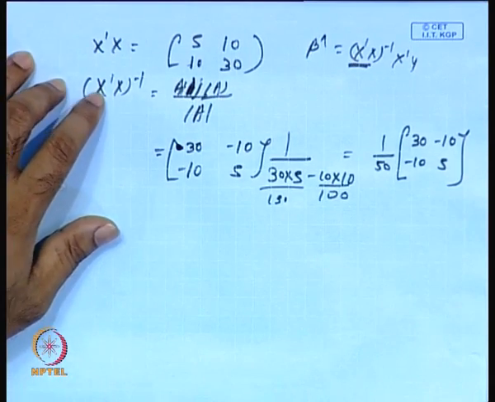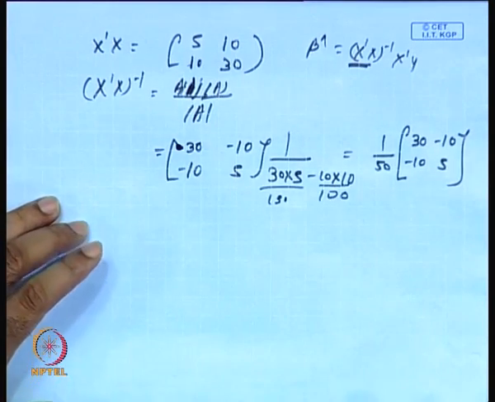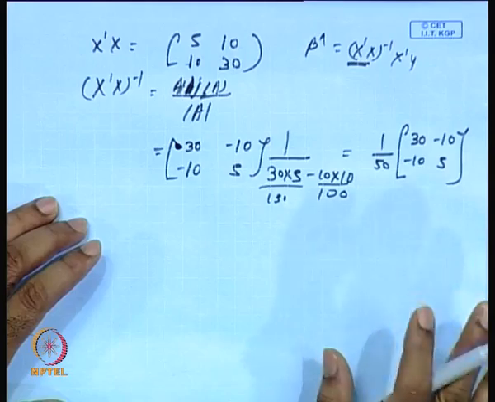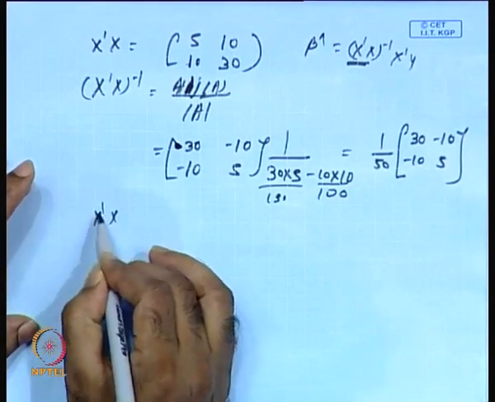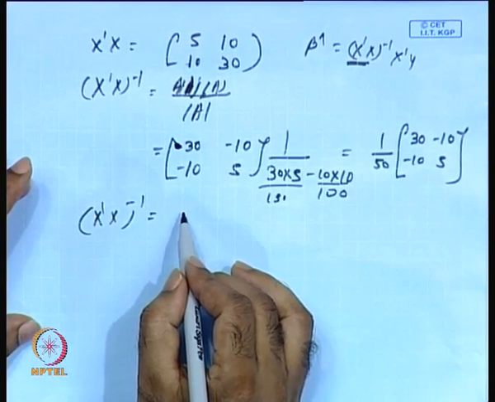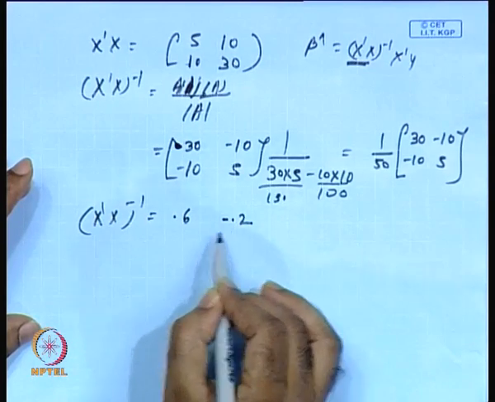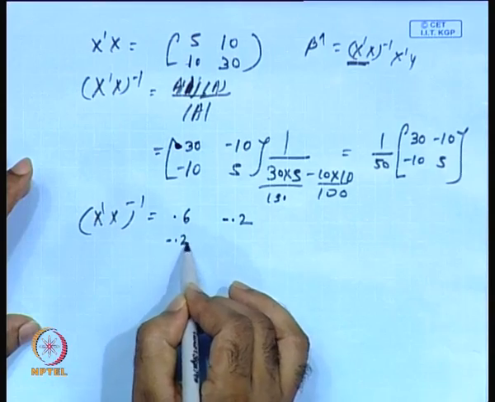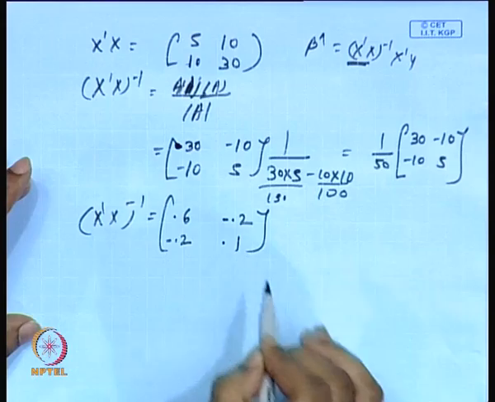So (X transpose X) inverse equals 1 by 50 times [30, minus 10; minus 10, 5]. Now if we simplify, 30 by 50 is 3 by 5, which is 0.6, then this will be minus 0.2, minus 0.2, and this is simply 0.1. So this is (X transpose X) inverse.